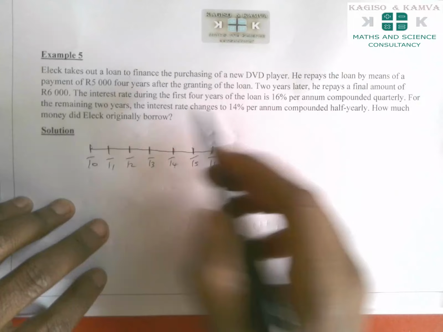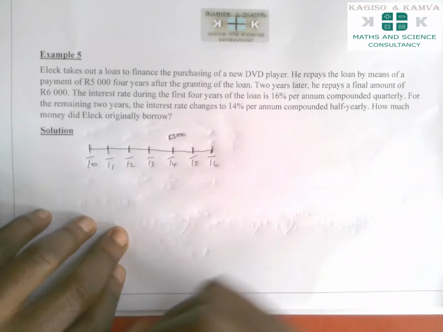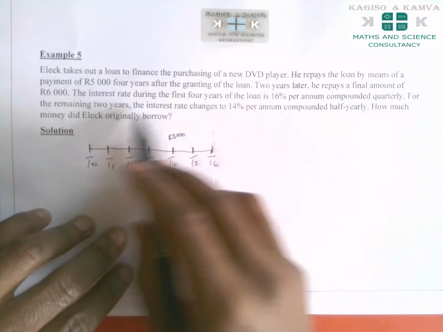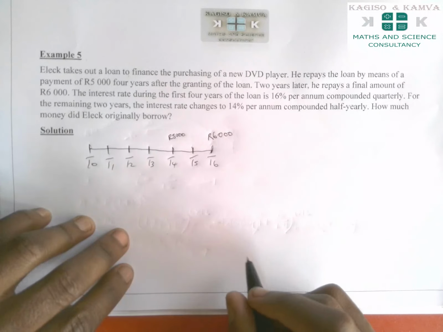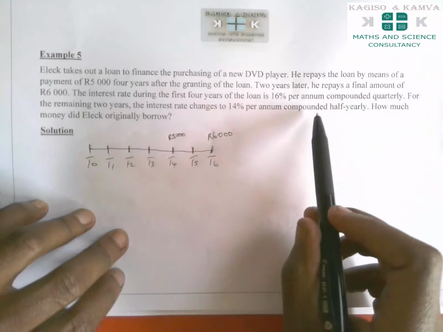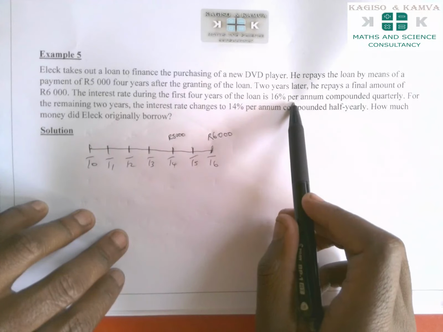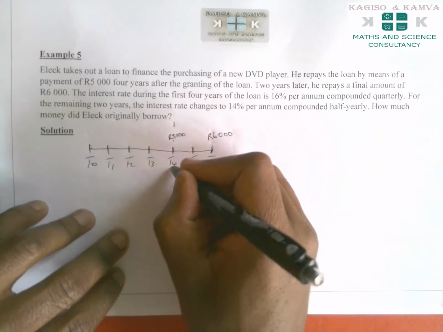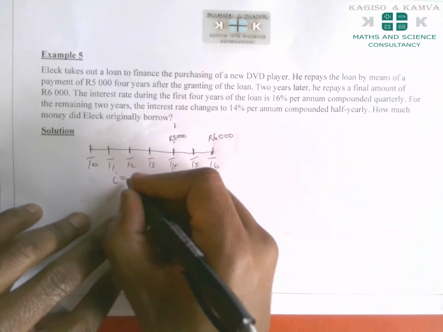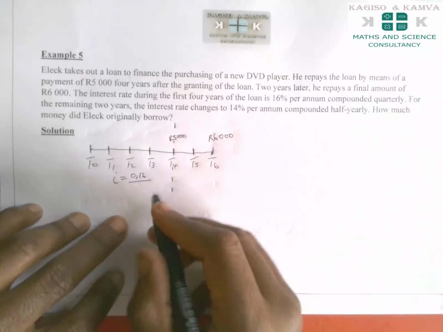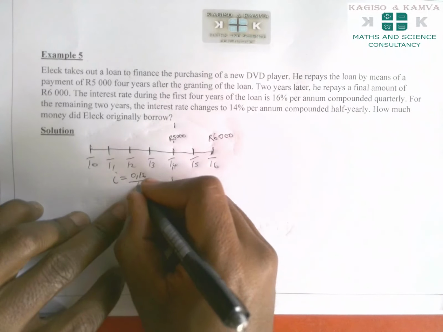Now, after 4 years, he made a payment of 5,000. And after 2 more years, the final amount we paid is 6,000. The interest rate for the first 4 years of the loan is 16% per annum, compounded quarterly.